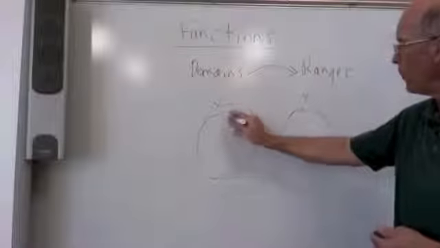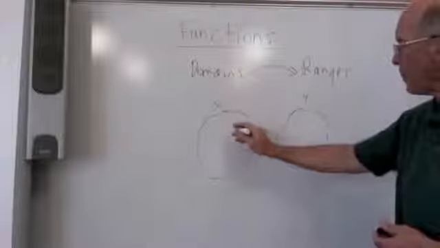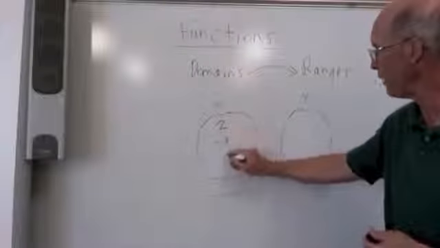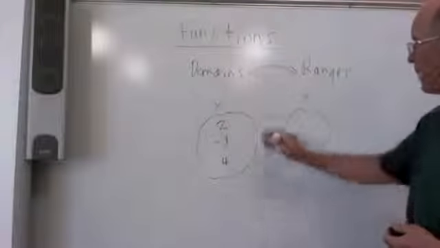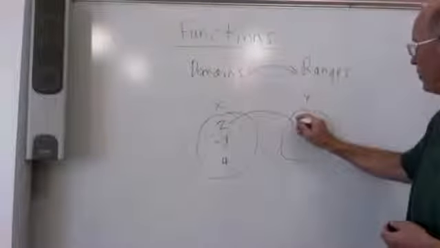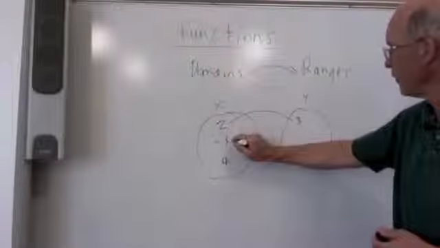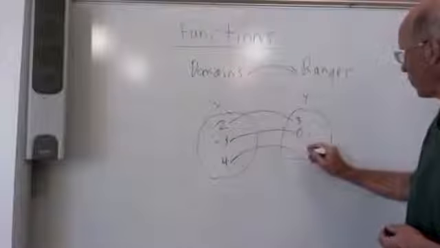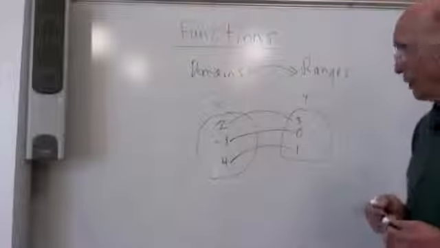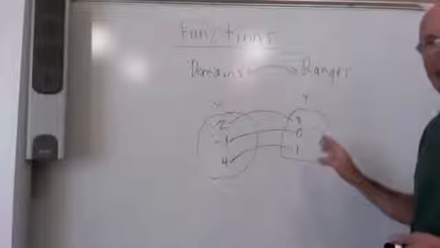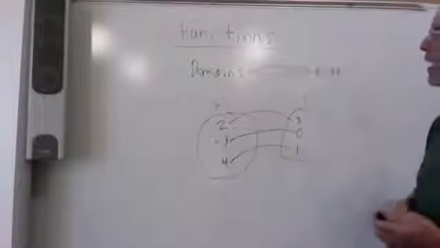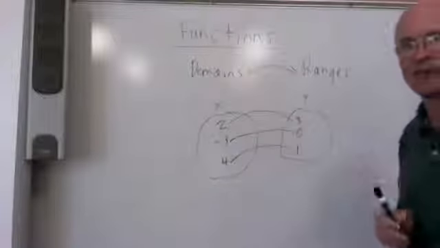And we could show this in a map here. Let's say that there was a 2, a -3, and a 4. And this 2 is associated with 3, this -3 is associated with 0, and this 4 is associated with a 1. That is a relationship, but it's a specific kind of relationship called a function.